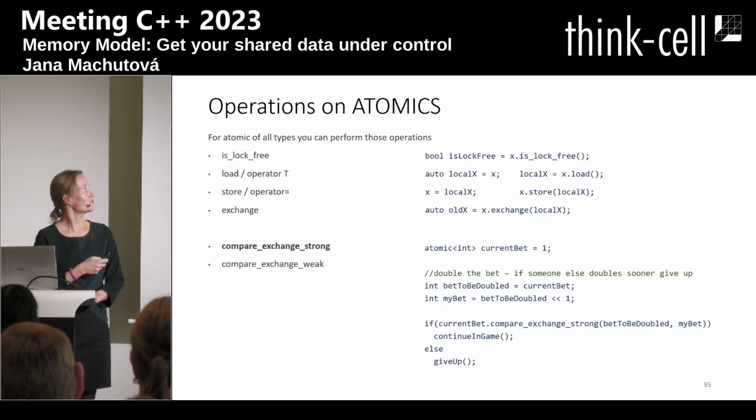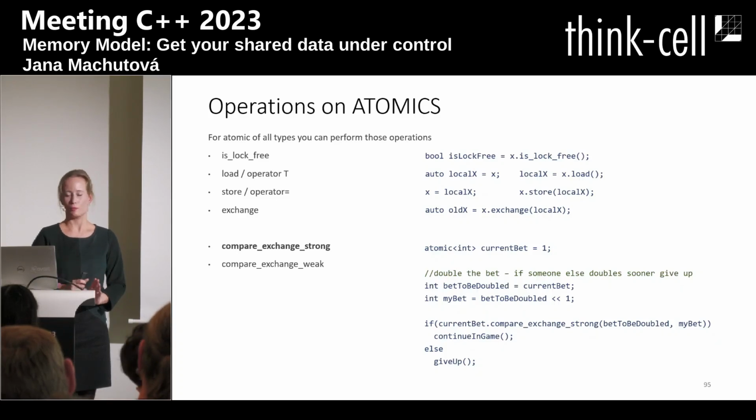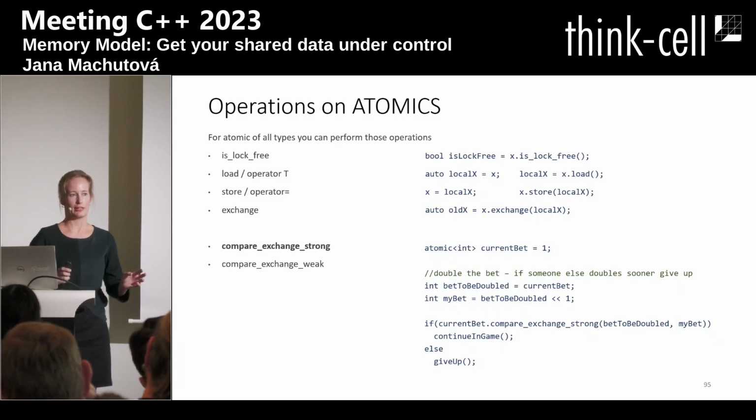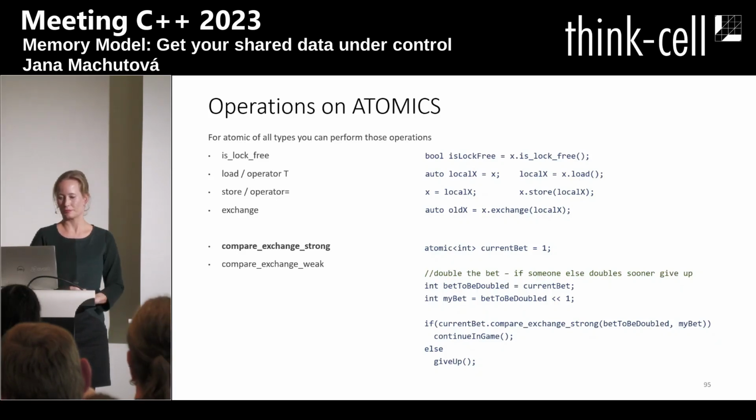These are compare exchange strong and compare exchange weak. What compare exchange does globally is that you provide a value you believe the atomic has, and when it's true, it will exchange. If it's not true, if it already has a different value, it will return false and doesn't change your value for you.